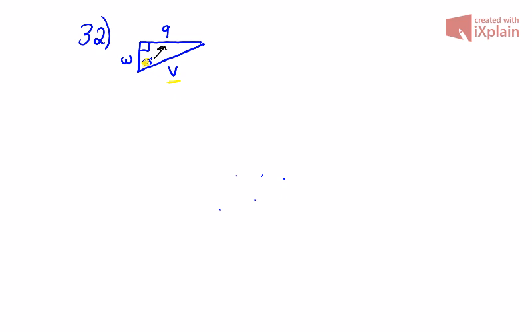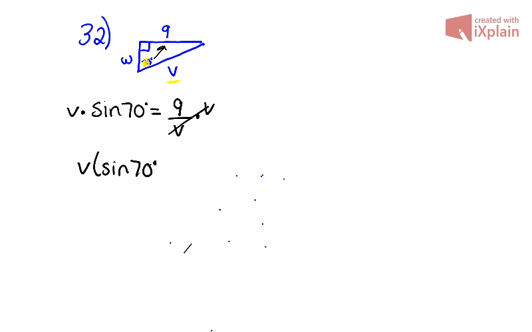So what I can do is say that the sine of 70 degrees would be equal to the opposite side, which is 9, over my hypotenuse, V. And I can solve this equation for V. So I will multiply by V on both sides, and I will have V times the sine of 70 degrees is equal to 9.